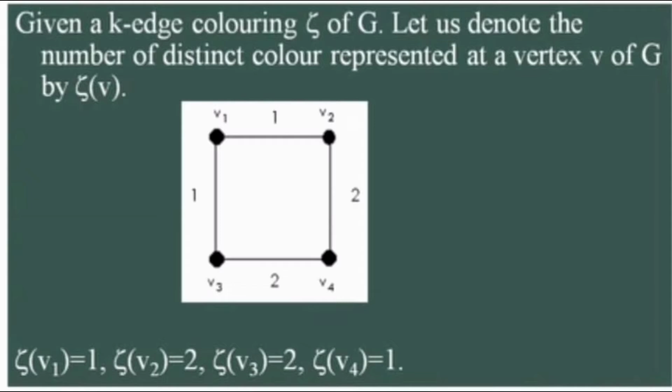In this graph, only one color is represented at the vertex V1. So, script C of V1 is equal to 1. The number of distinct colors represented at the vertex V2 is 2. So, script C of V2 is equal to 2, and so on. Script C of V3 is equal to 2 and script C of V4 is equal to 1.